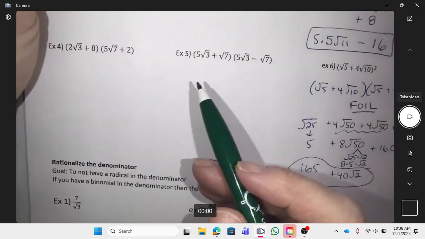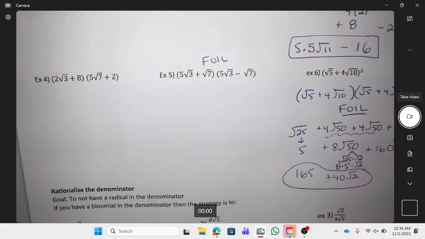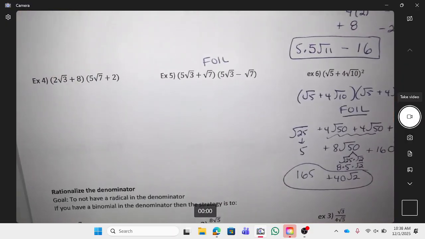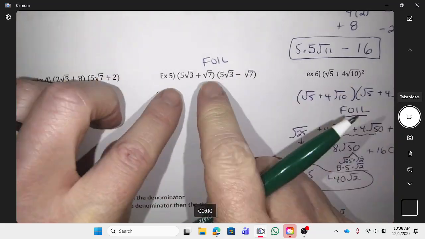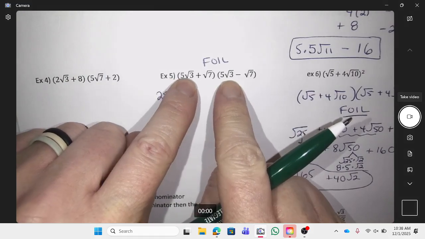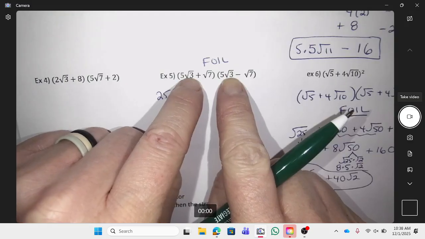We're going to finish out on this one. So we're going to FOIL this. Binomial becomes a FOIL. So I'm going to go 25. Now this is a root 9.